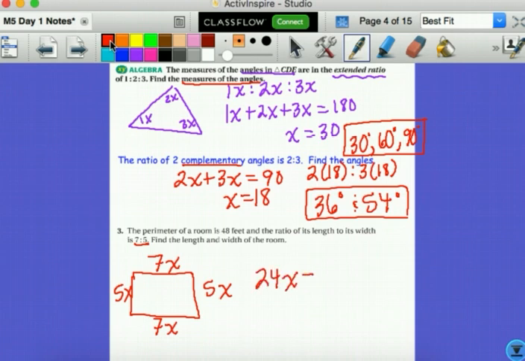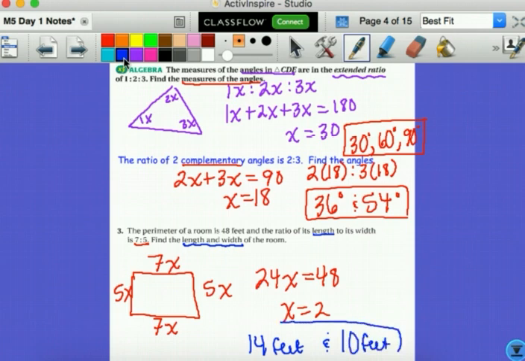That should equal 48, which means my x value is 2. It does say here that we need to find the length and width. The length was listed first, so length is 7 times 2, that would be 14 feet for the length. And 5 times 2 is 10 feet for the width.